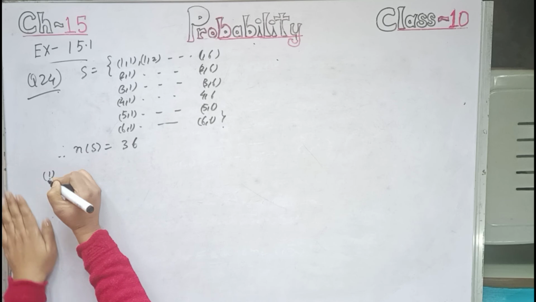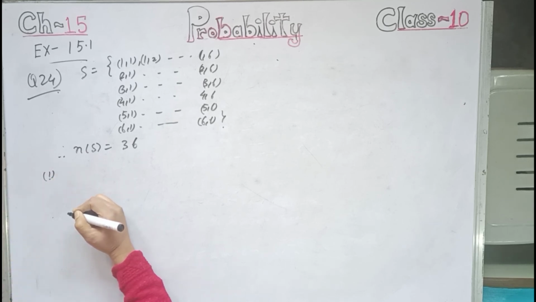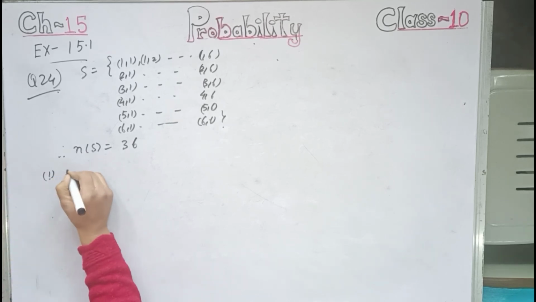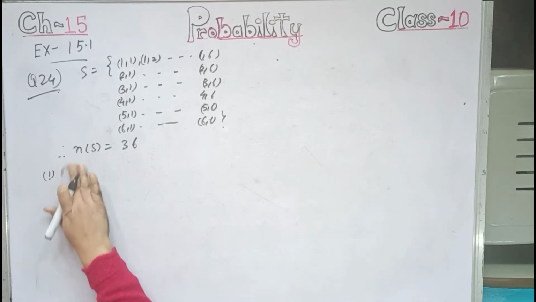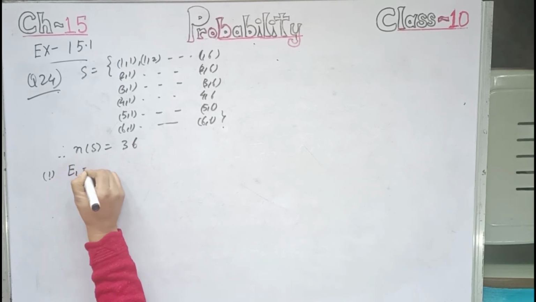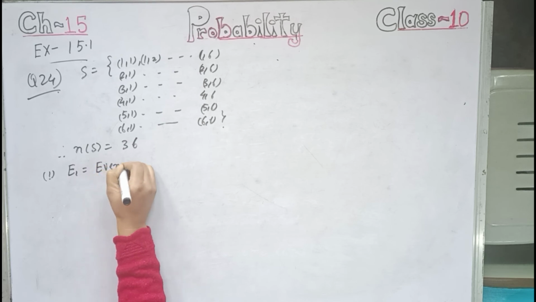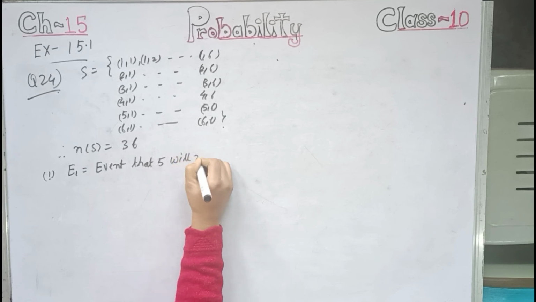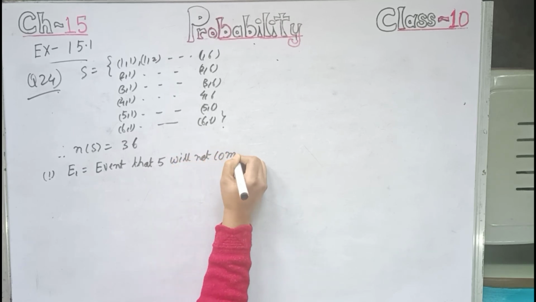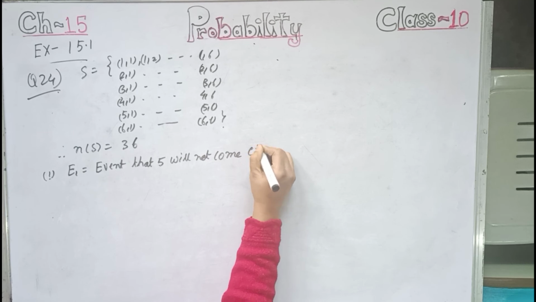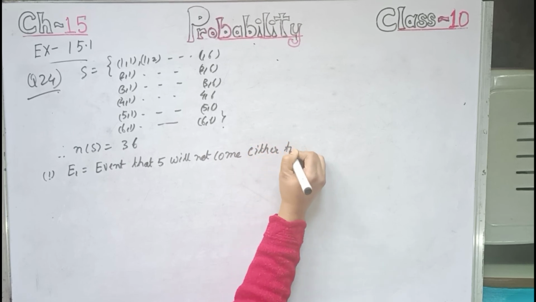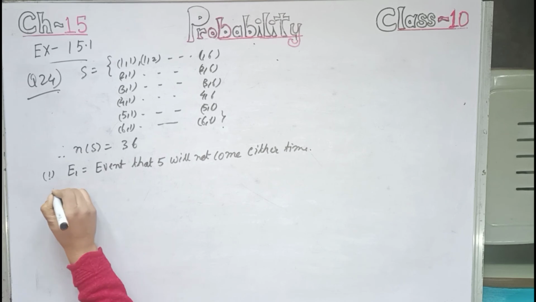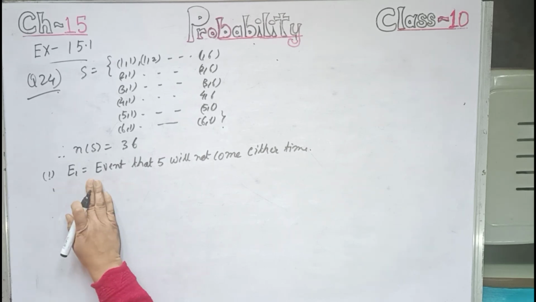Now number 1. 5 will not come up on either time. So E1 equals the event that 5 will not come up either time. In this case, number 2, 5 will come up at least once.